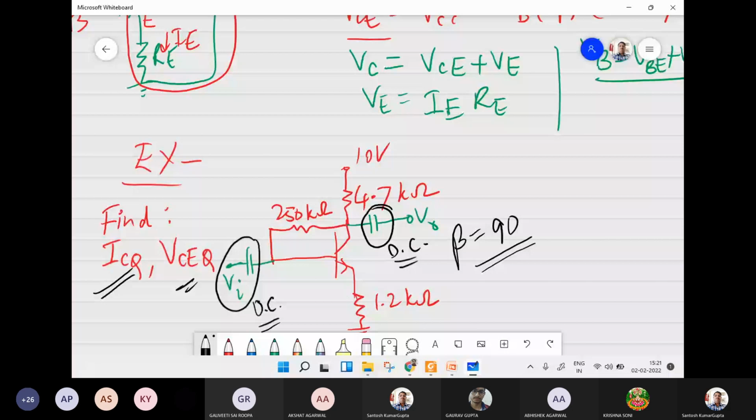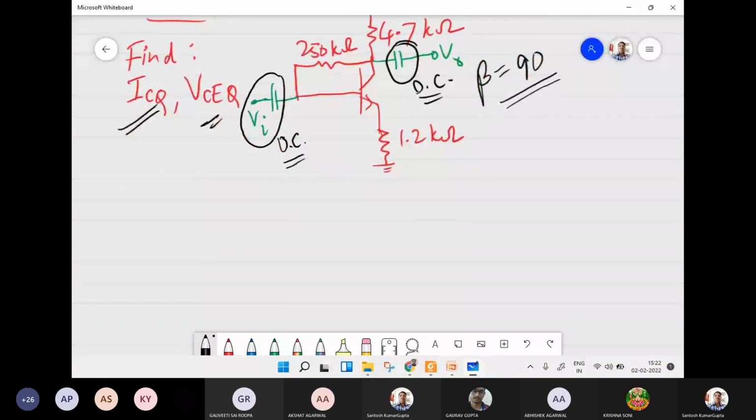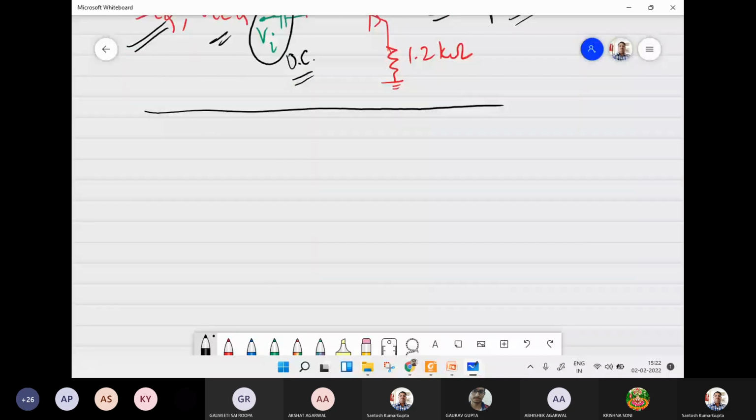There are some variations of these transistor biasing circuits that may also be given, and we may also proceed in a general way as we have done earlier, by applying carefully the KCL and KVL and doing our analysis.